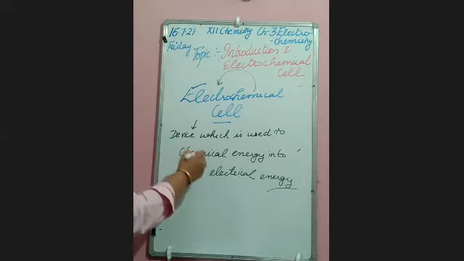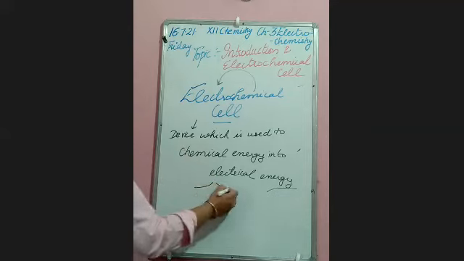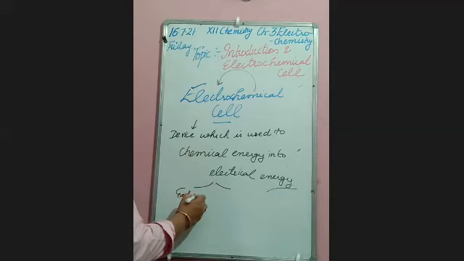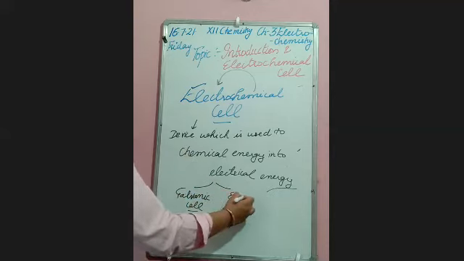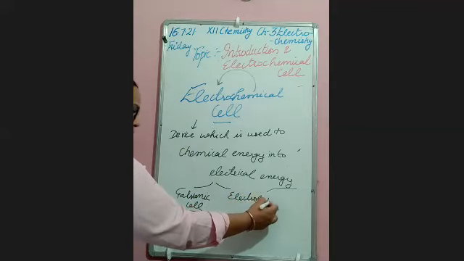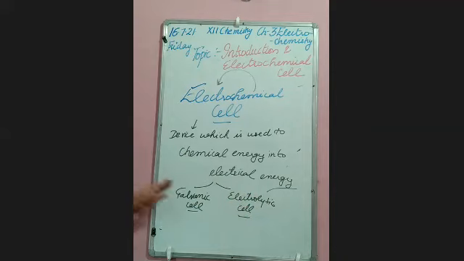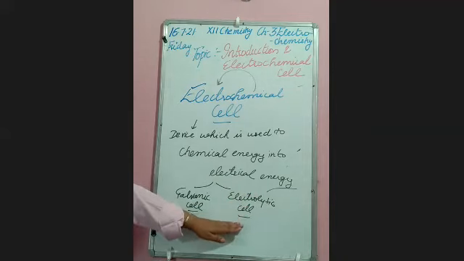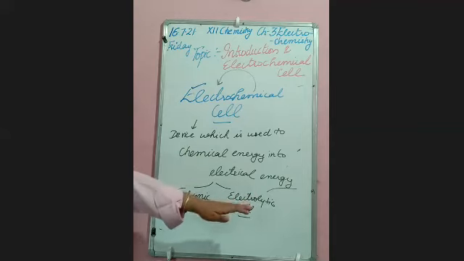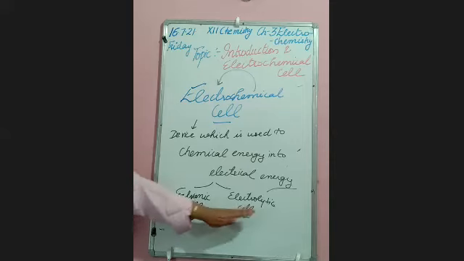Now, there are two types of electrochemical cell: galvanic cell and electrolytic cell. In the electrolytic cell, electrical energy is converted into chemical energy, and they both constitute the electrochemical cell.